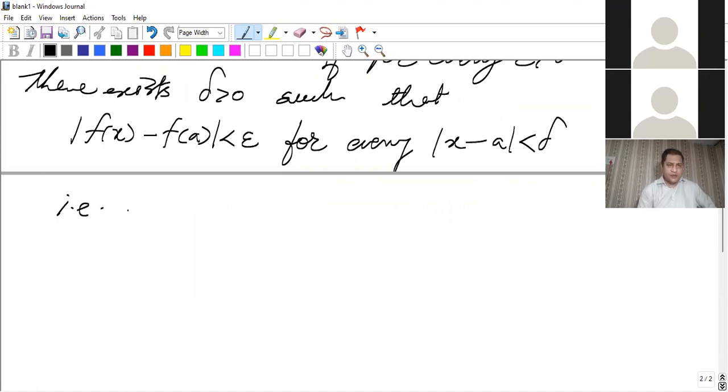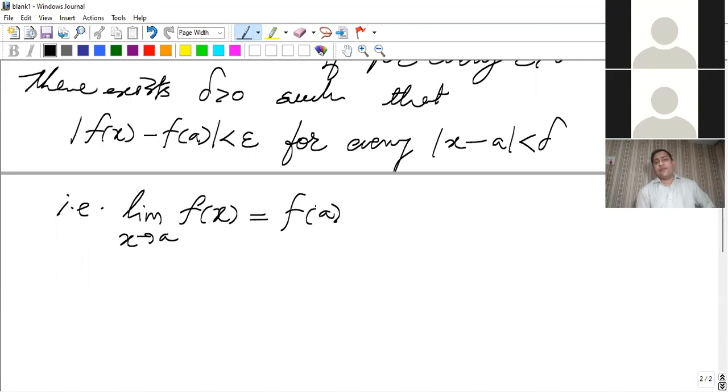And that's what we say. This is limit x tends to a of f of x is equal to f of a. So f of a is the function value of this function f of x at the point a.